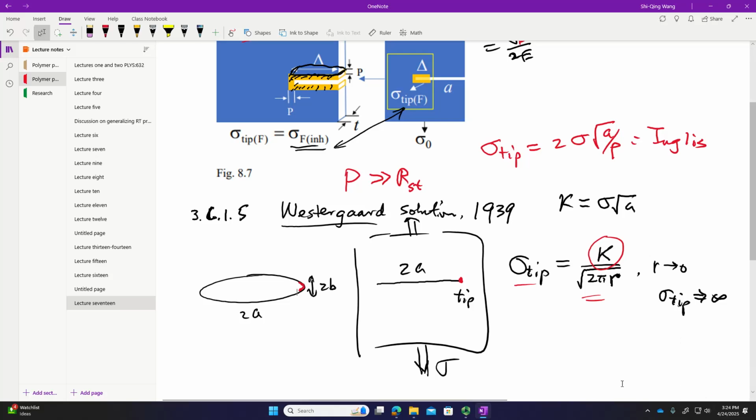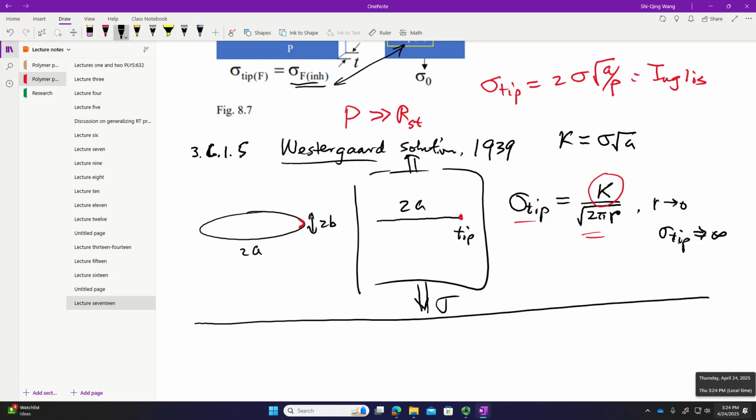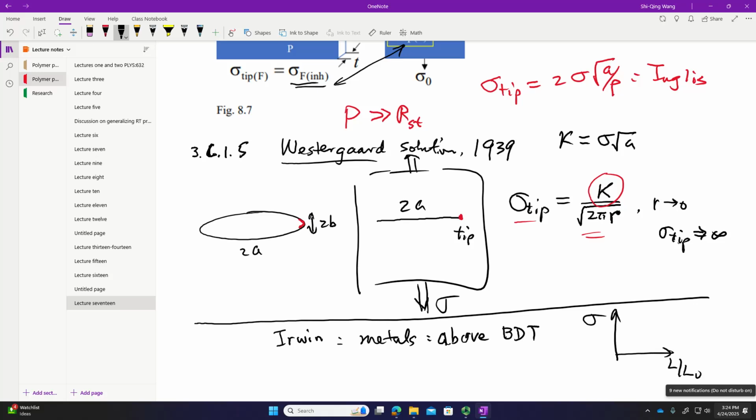So it looks like this is where we see how people made progress. And progress was made by people like Irwin. The kind of material they were looking at are the metals, which, as I said, were usually done above the brittle-ductile transition, in the sense that your steel or whatever could show a sense of yielding already.